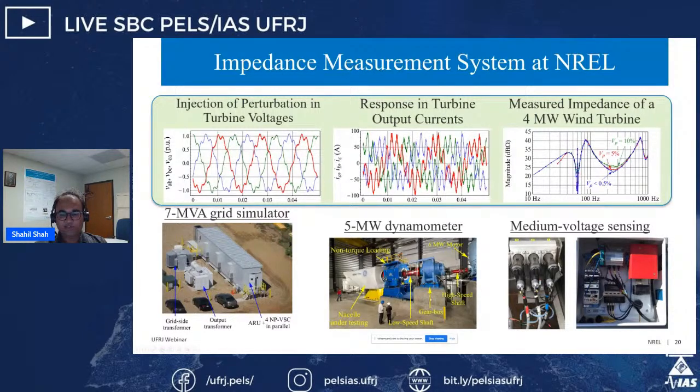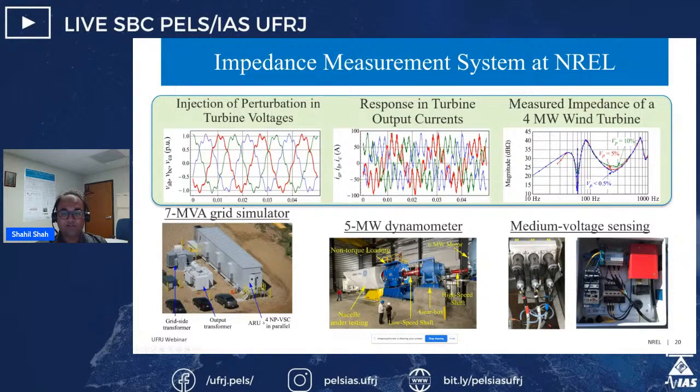Let's say I want to measure the impedance of this wind turbine nacelle, which is in our laboratory. On top of the fundamental voltages at 60 hertz in the US, we inject small perturbations that you see on these voltages, and we see what the response of this device is in the current.